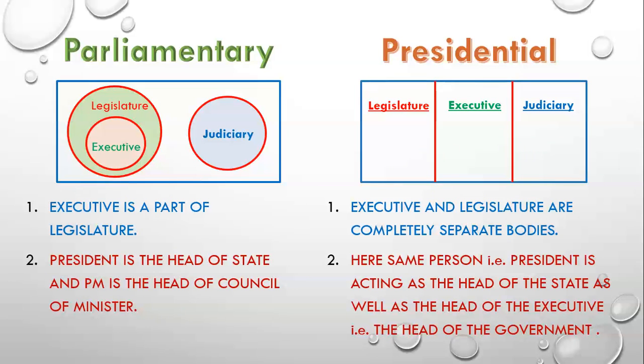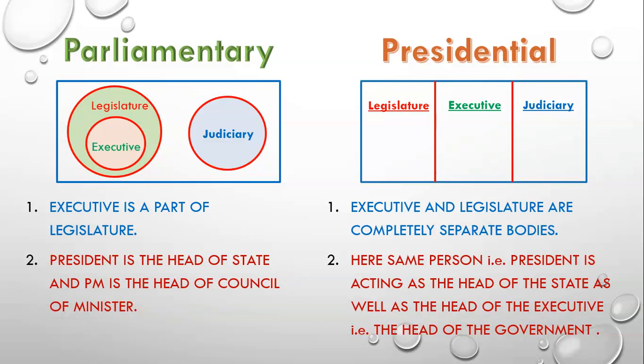Legislature is a separate body, executive is a separate body and judiciary is a separate body. The members of legislature cannot be the members of executive or judiciary. The members of executive cannot be the members of legislature or judiciary. The members of judiciary cannot be the members of legislature or executive. There is no overlapping. All three bodies are separate.